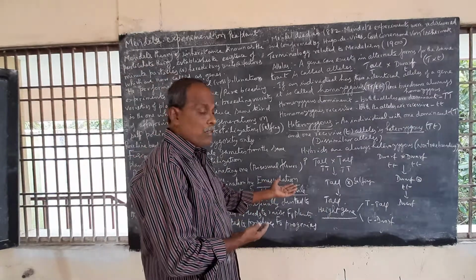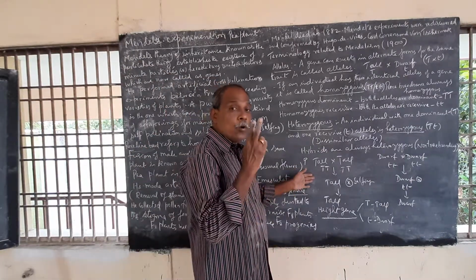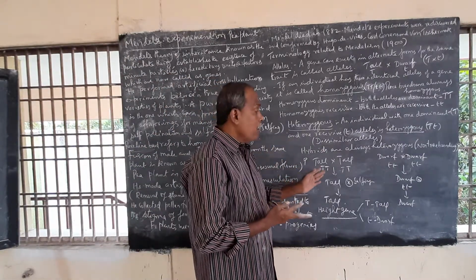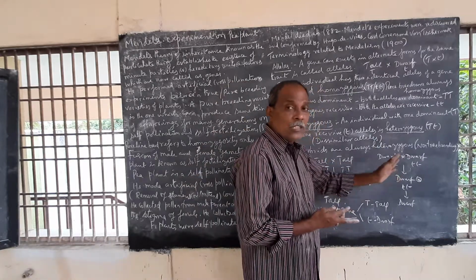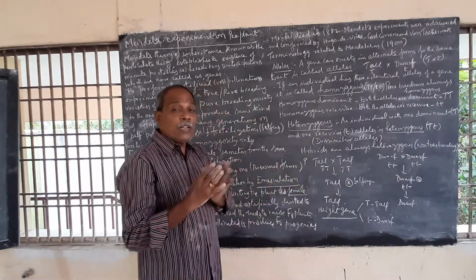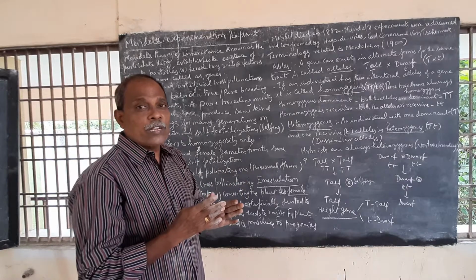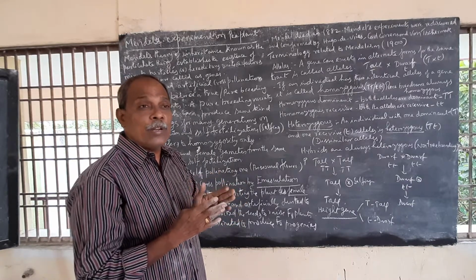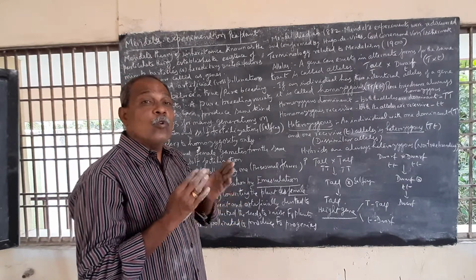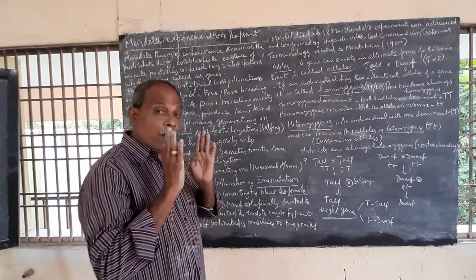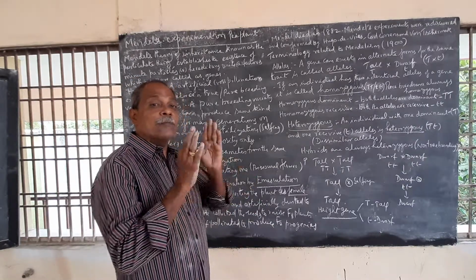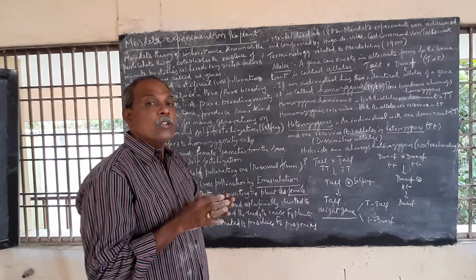These are always pure breeds. Homozygous individuals are always pure breed. Pure breed is called true breeding variety. Mendel always selected only pure breeding varieties as parents.